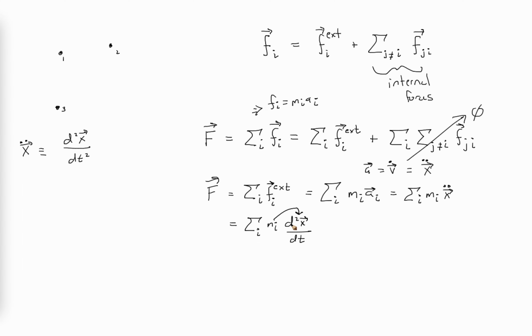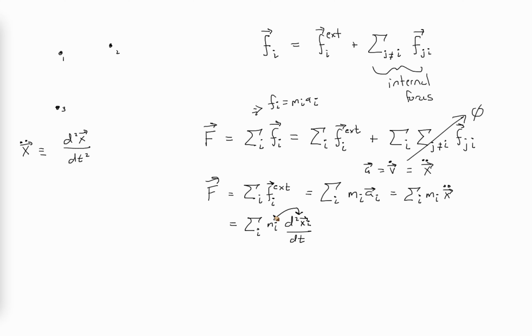That's saying that the mass of the particle times the second derivative of the particle's position, this should be an i here to indicate that we're talking about the position of the ith particle, the mass times the second derivative of that position is the same thing as the second derivative of the mass times that position. In other words, we can do these in any order that we want to.